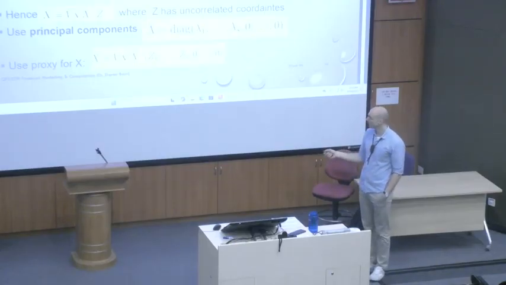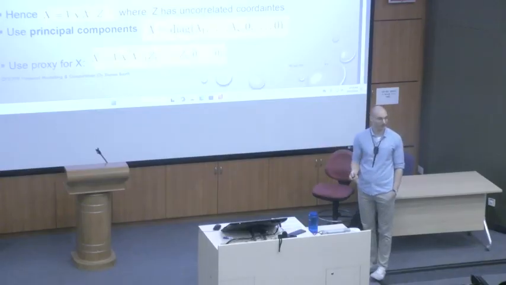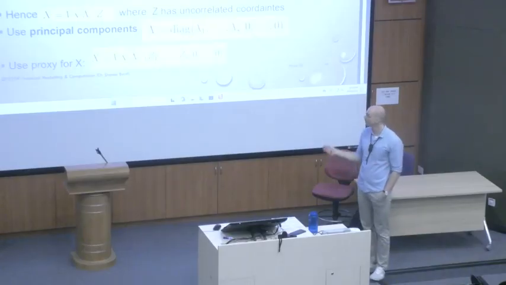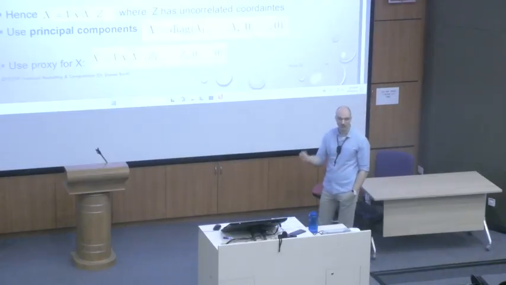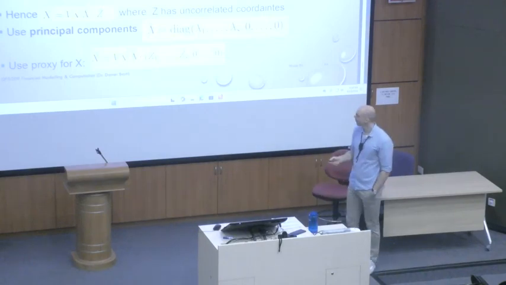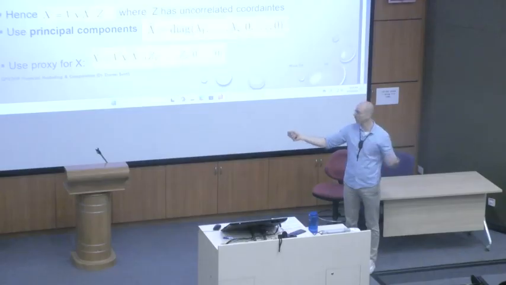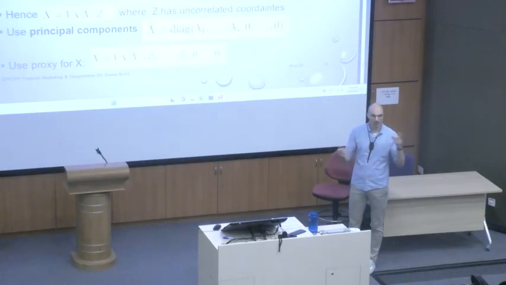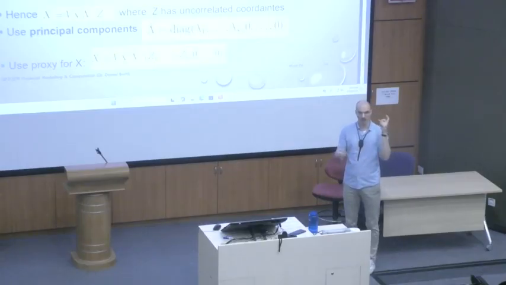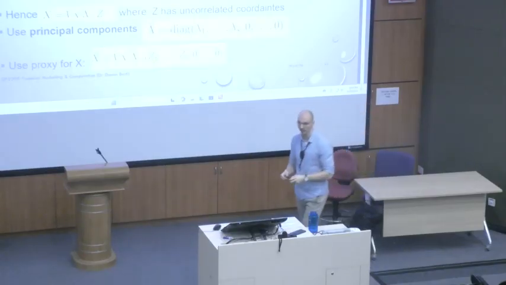And now I define a proxy for x simply by throwing away the randomness of the coordinates where there's very, very little randomness. This will be a proxy for x. It will again live in the full dimensional space because this rotation takes the vector wherever. So you will not see that this 500-dimensional vector may move a lot in every direction, but this movement is somehow inherently low-dimensional.